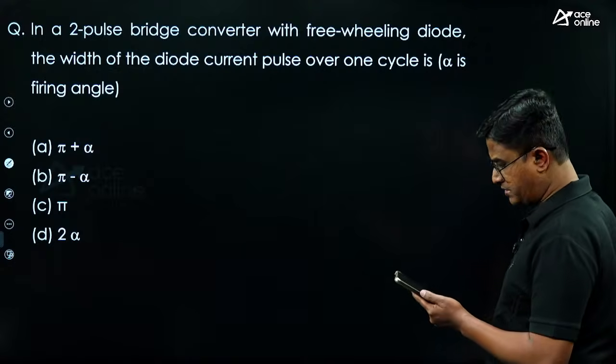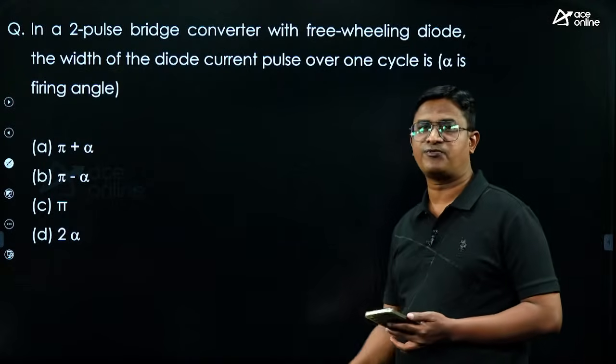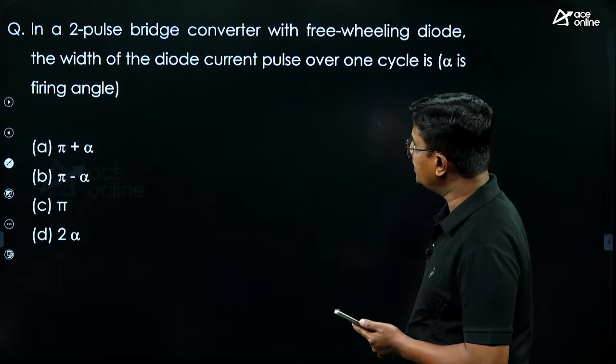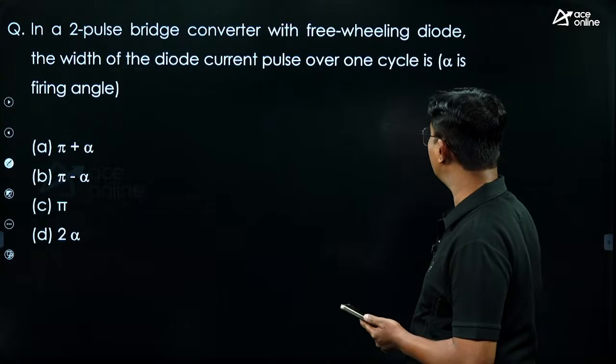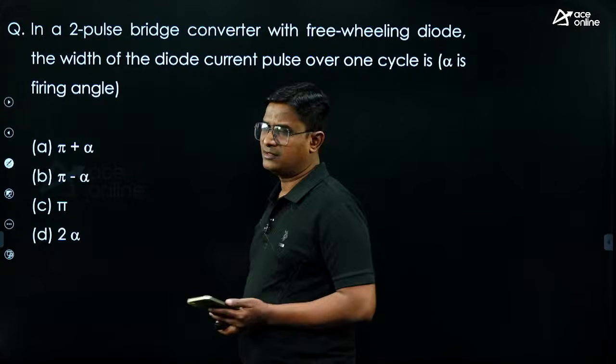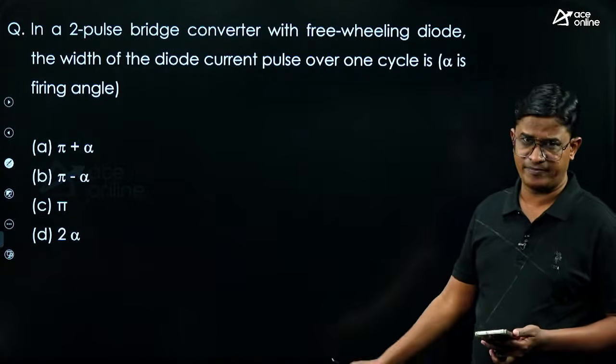In a 2-pulse bridge converter with freewheeling diode, 2 pulse means full wave rectifier, single phase full wave. They are asking the width of the diode current pulse over one cycle of supply.